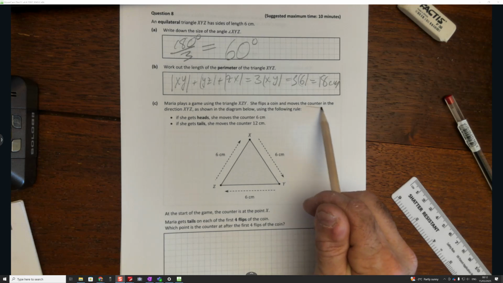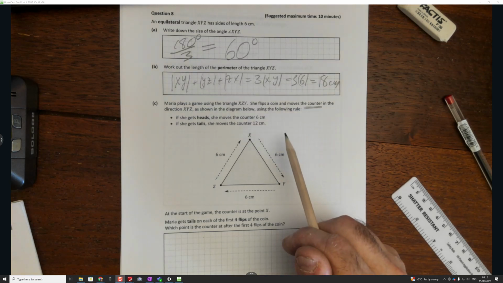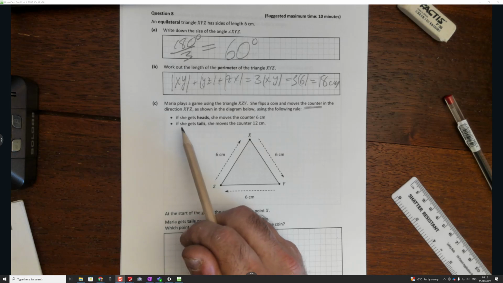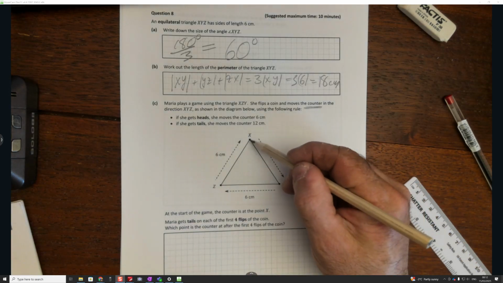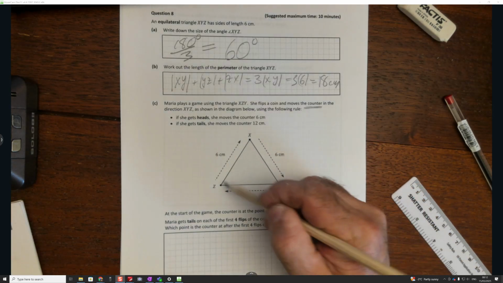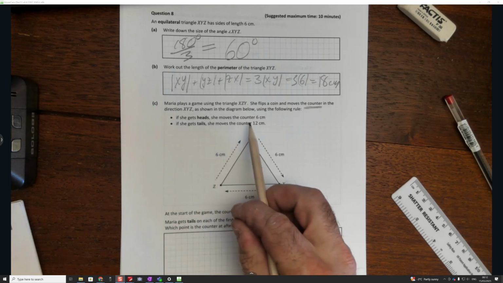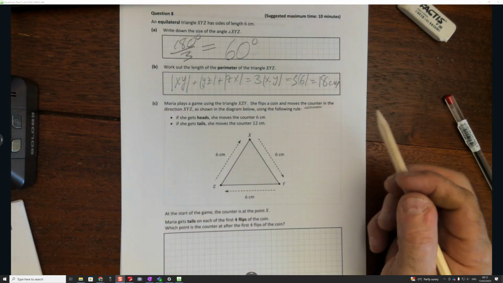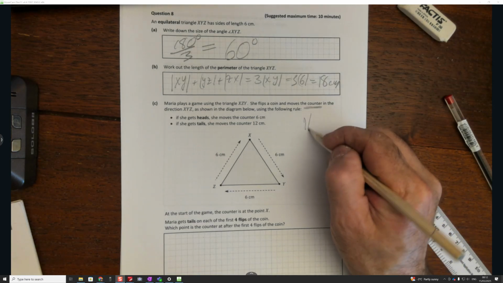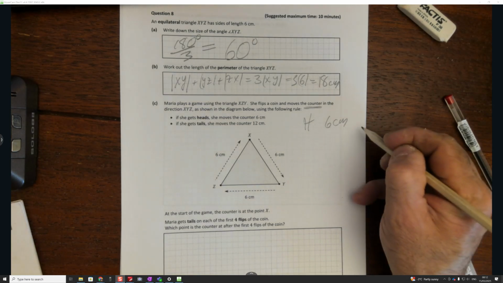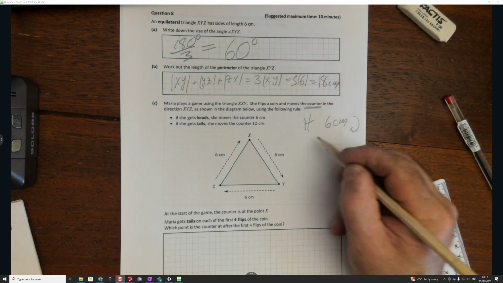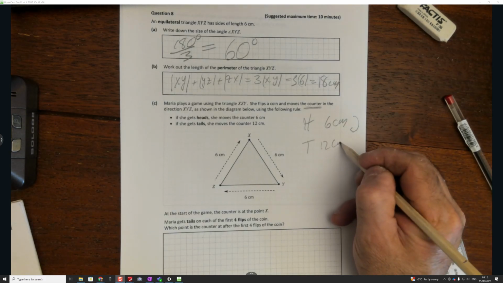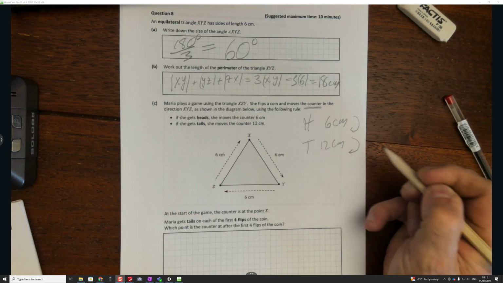Where is the introduction of the counter? It's not a proper introduction. I'm just trying to make sense. I gather that she's got a counter and she's moving around like this. If she gets heads, she moves the counter 6 centimeters. If she gets tails, she moves 12 centimeters. So heads gets her 6 centimeters clockwise, and tails gets her 12 centimeters also clockwise.